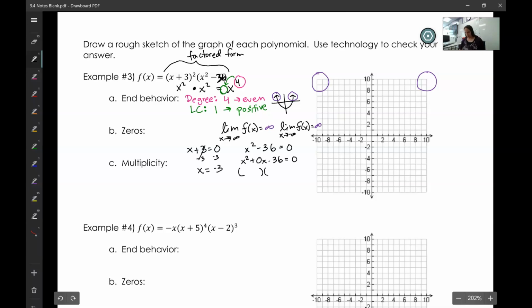I'm going to need numbers that multiply to negative 36 and add to 0. Those would be a negative 6 and a positive 6. So I've got x minus 6, x plus 6. And now I set each of these equal to 0 and solve.